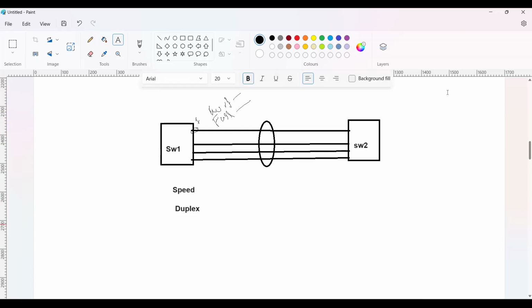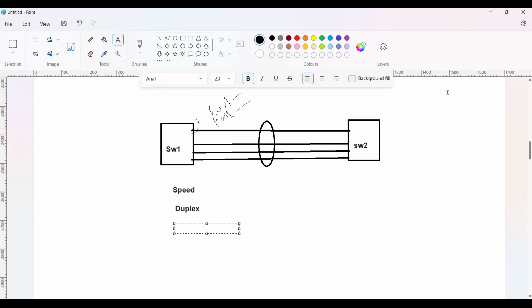And the EtherChannel standard must match. We have two types of EtherChannel: statically we configure it manually, or dynamically it will be formed. Those things also must match. If you are using static, then static on both ends. If you are using PAgP and PAgP, I'll explain those things.